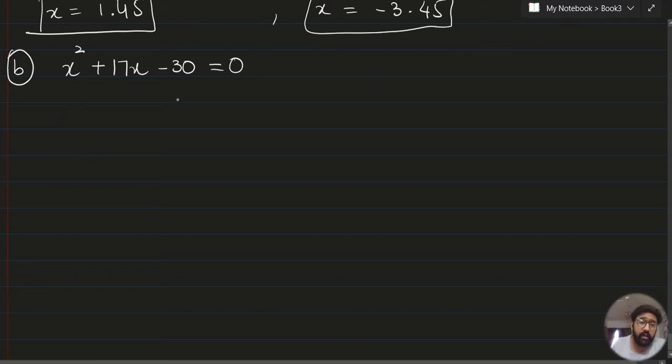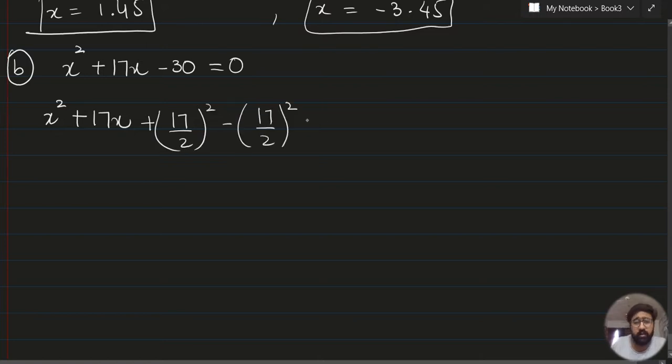So x square, this is the question. This first step is already done. Let's move on to the second step. X square plus 17x. And we are going to add the half of the coefficient of x. So 17 by 2 whole square minus 17 by 2 whole square minus 30 is equal to 0.